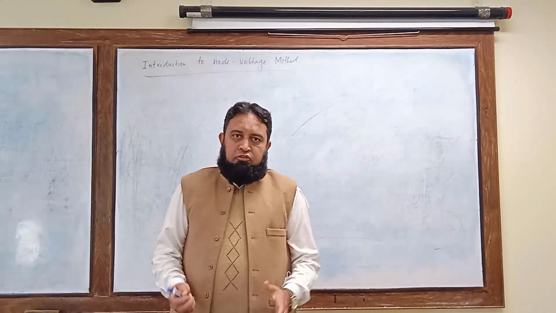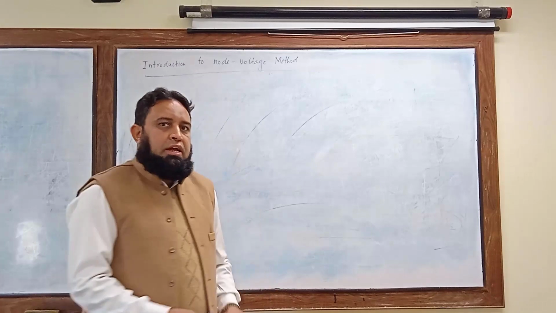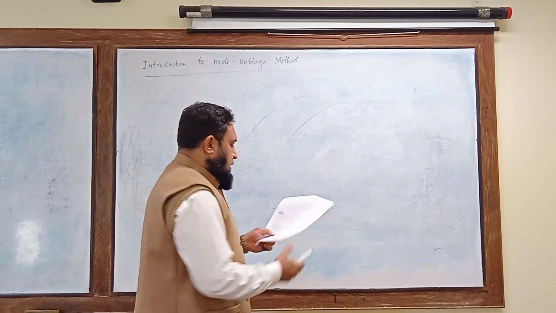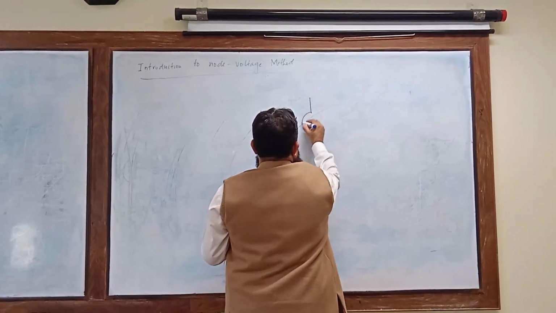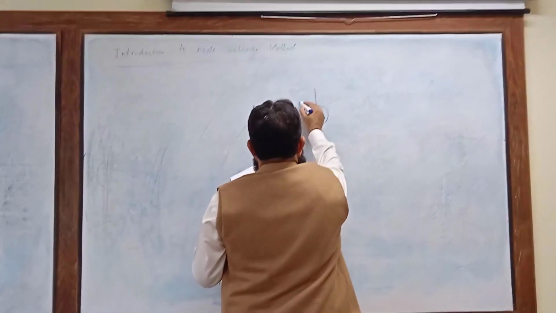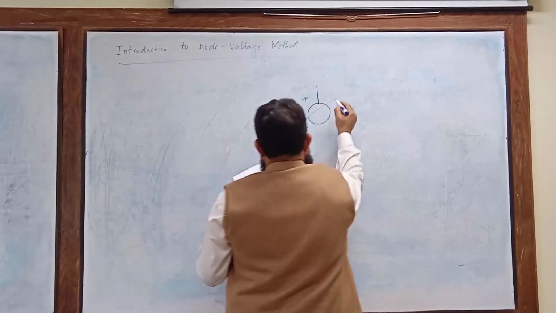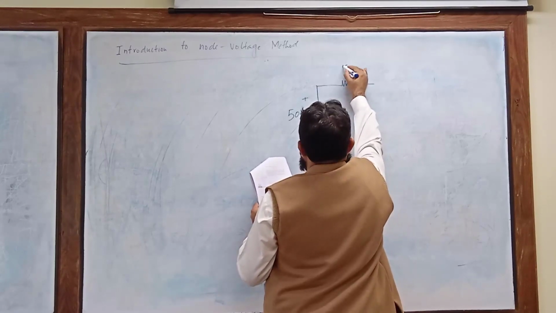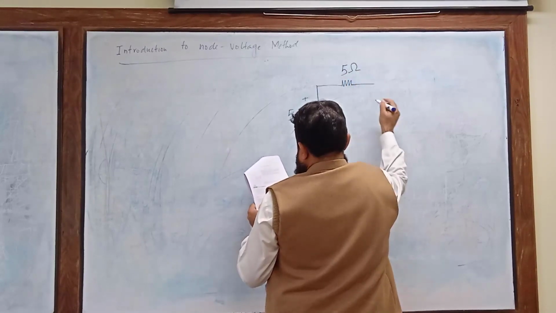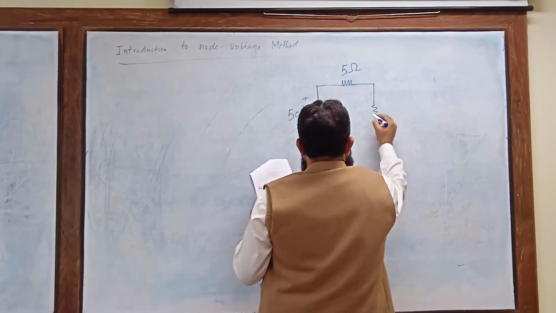Okay, so now we are solving some examples on node voltage methods. So let's consider a circuit, and we have a voltage source of 50 volt, a 5 ohm resistance is connected, and there is a 10 ohm resistance.